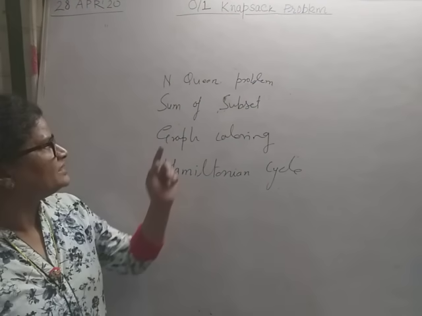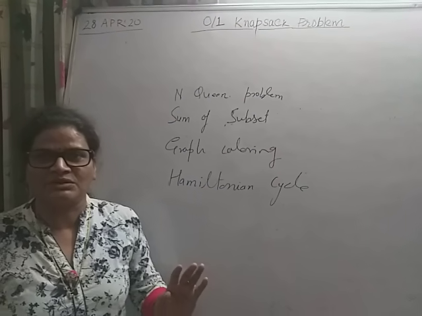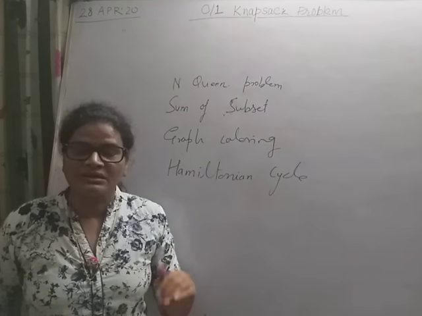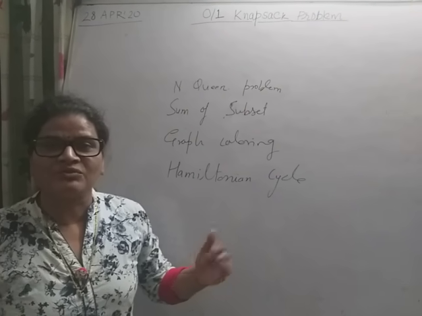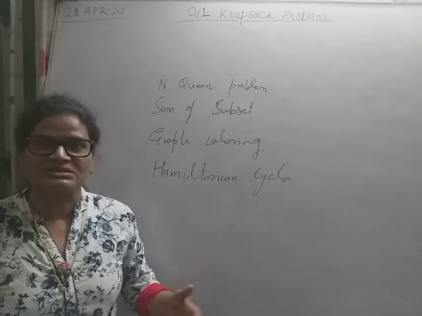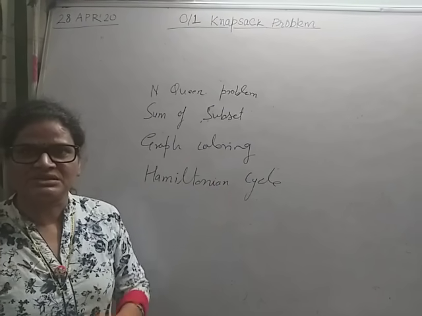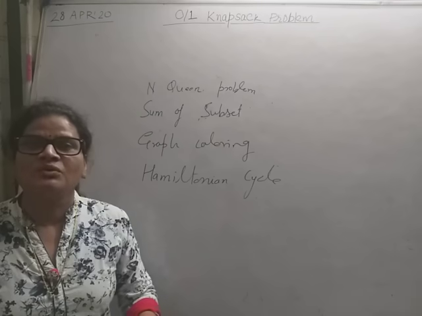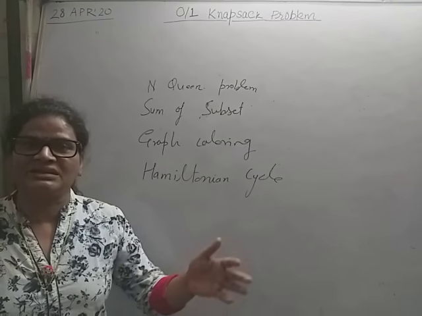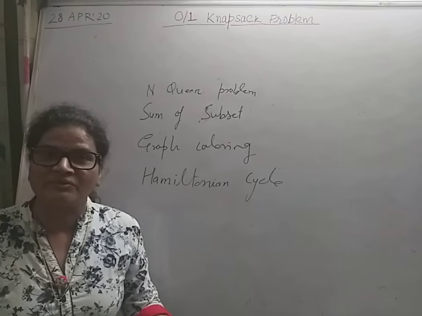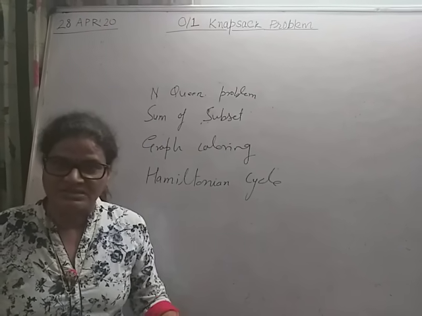In the N queen problem, sum of subset problem, graph coloring and Hamiltonian cycle, all the problems have a number of solutions. In N queen, there can be more than one way to place the queens. In sum of subset, there can be a number of subsets whose sum equals m. In graph coloring, if m and the graph are given, there can be many ways to color the graph so that no two adjacent vertices have the same color.